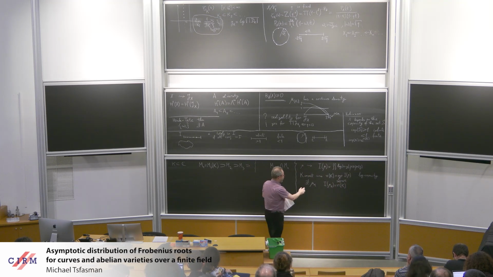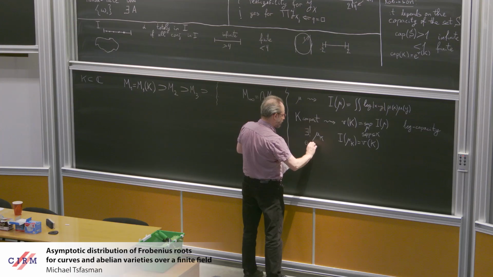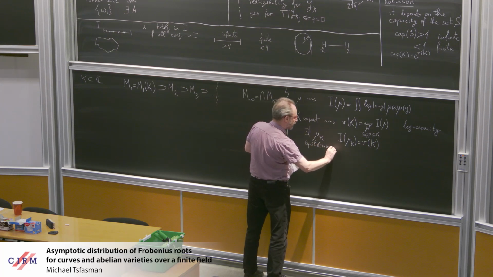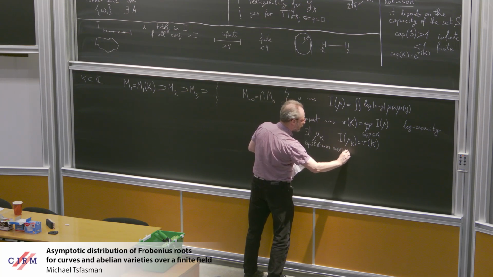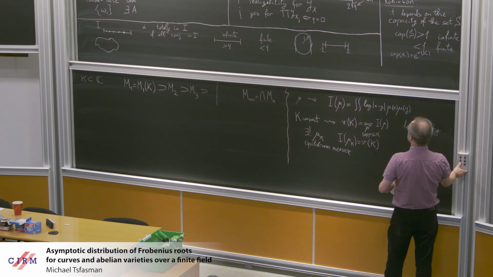And this measure mu K is called the equilibrium measure of K. So this is which one? This one.